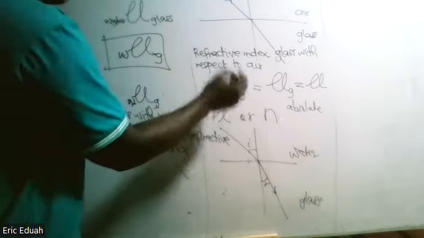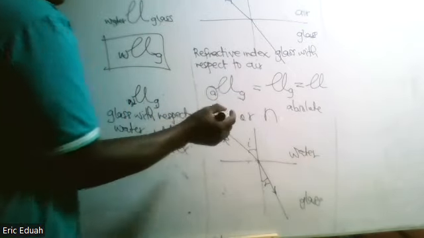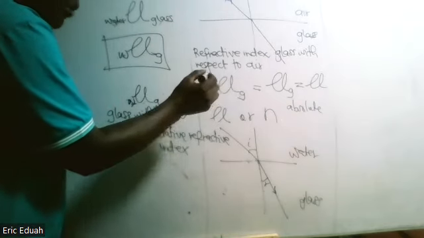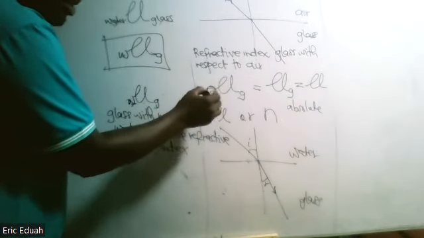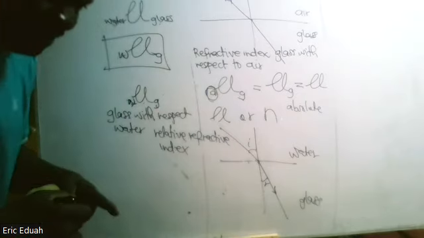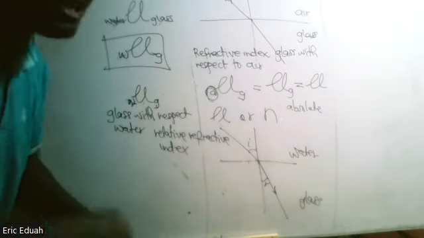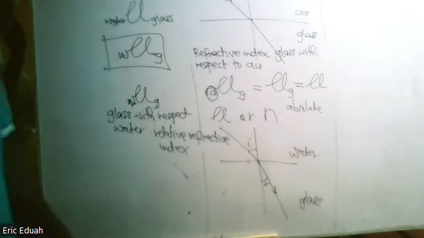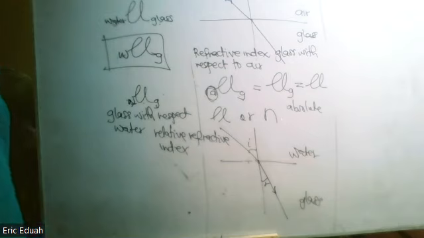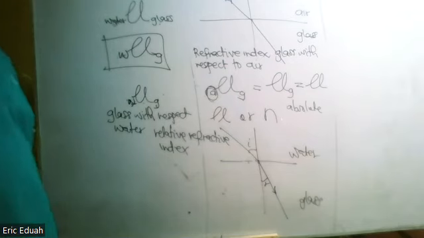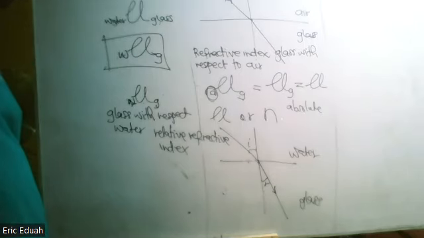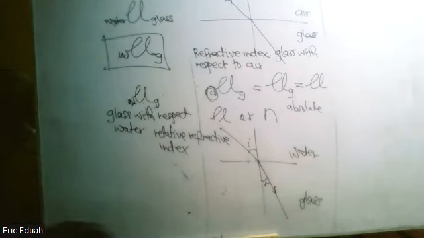Whereas the refractive index of glass with respect to air is also a relative refractive index, but because the first medium is air, we are free to call it absolute refractive index. Are you okay?